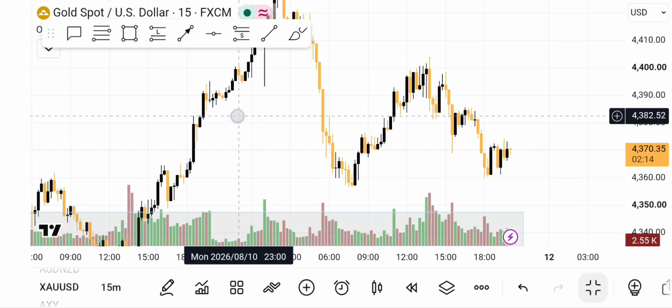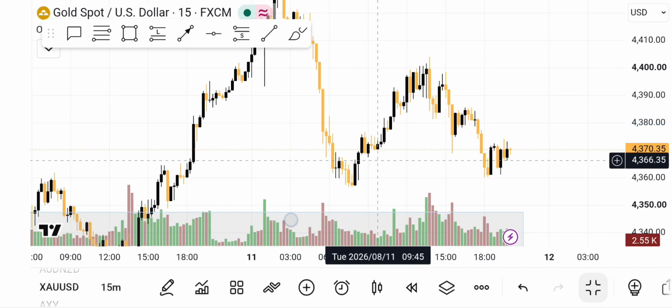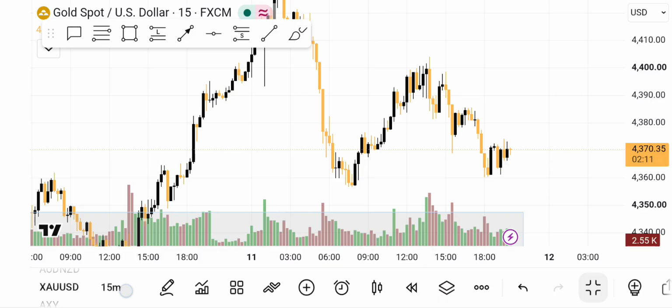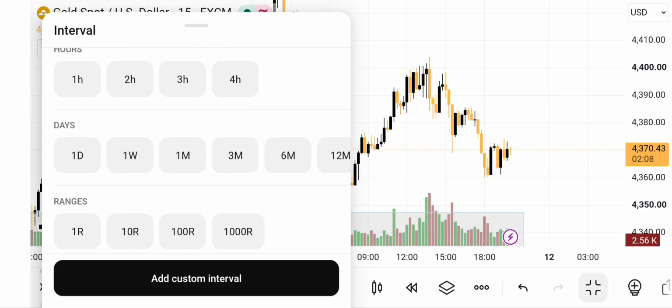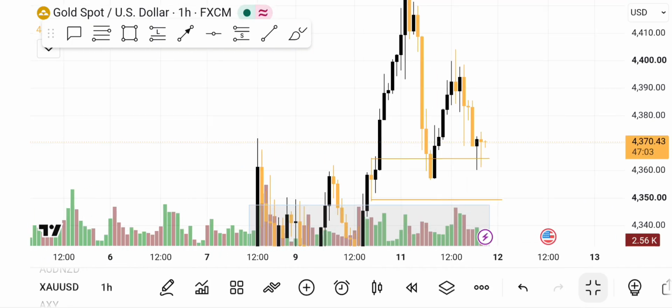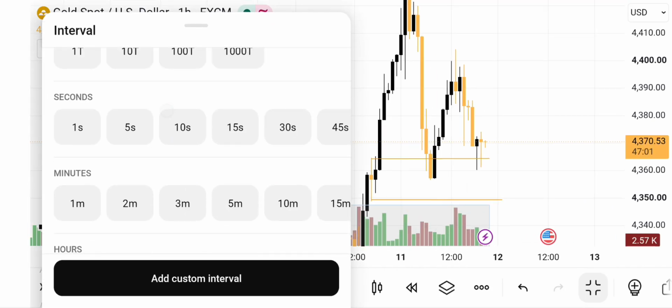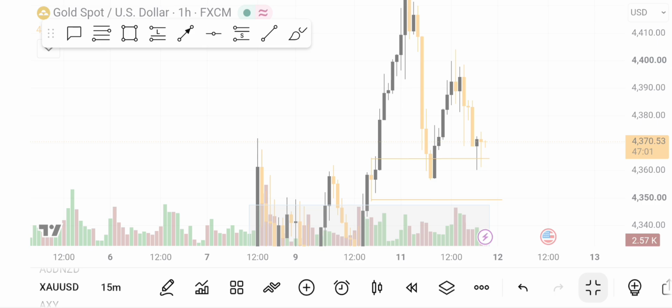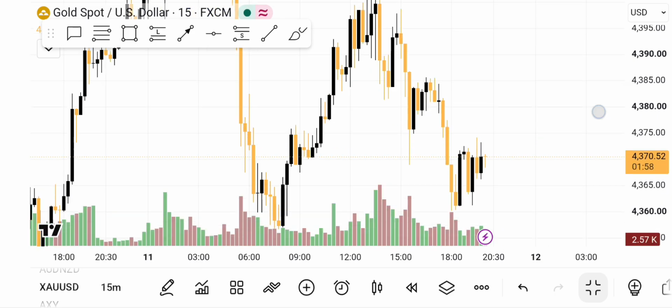So I waited for the London session reacting to this 1 hour buy zone. Yes, so let me do the 1 hour time frame. I go to the 15 minutes time frame again.